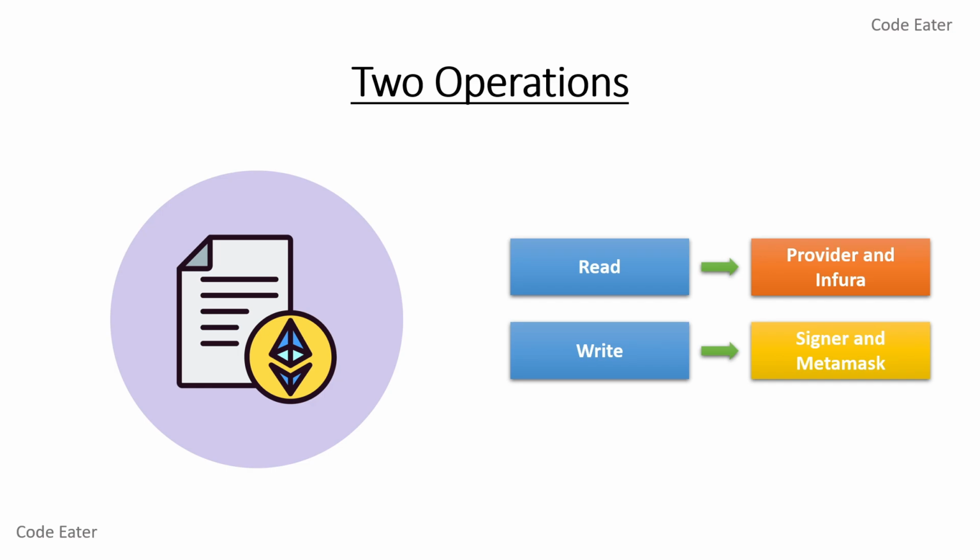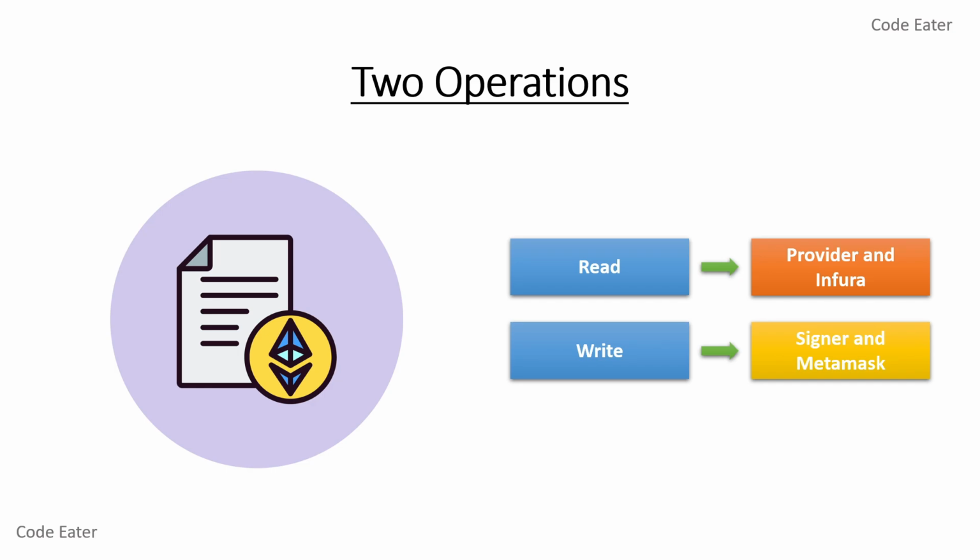When I showed you the common terminologies, I showed you that whenever you are writing on the blockchain, you require signer. And in this case, we also require MetaMask. And why do we require MetaMask? I will talk about this in our upcoming video, so don't worry about it for now. But as you can clearly see on your screen, for read, you require provider and Infura, and we have seen that as well. And we are also going to see that in this particular case while reading the smart contract.